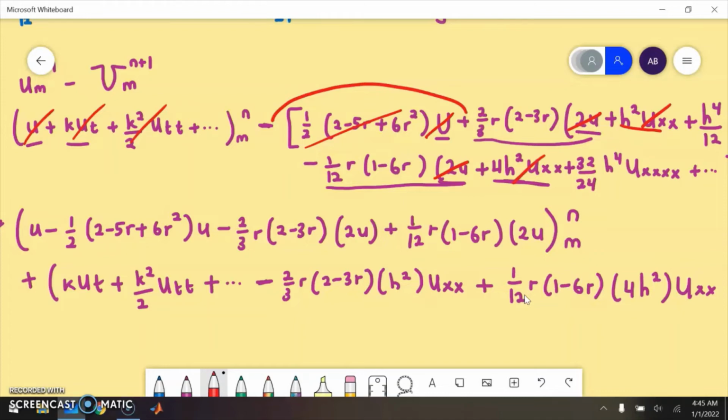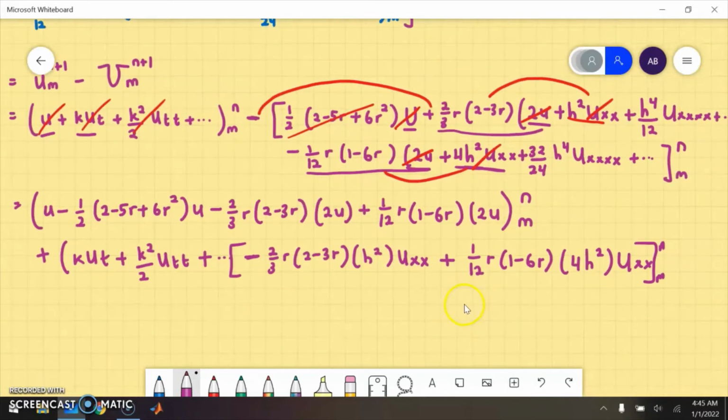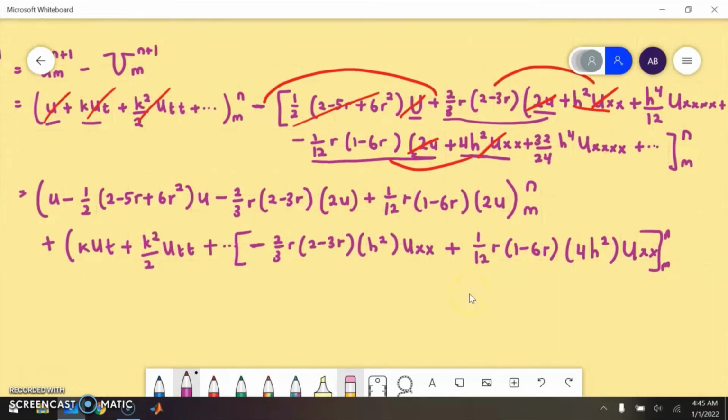Remember, this is multiplied with this term, and this is multiplied with this term. This whole term here with m, n. Maybe just don't do that yet because I have to consider my u_t as well, so just leave it like that.